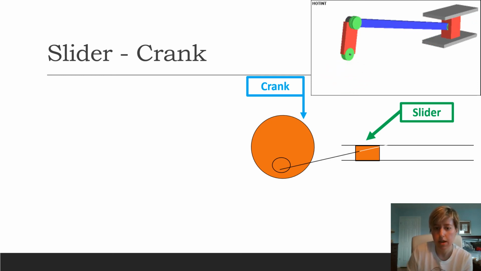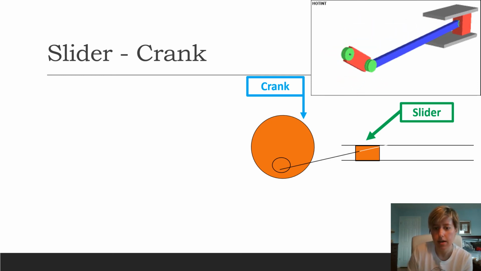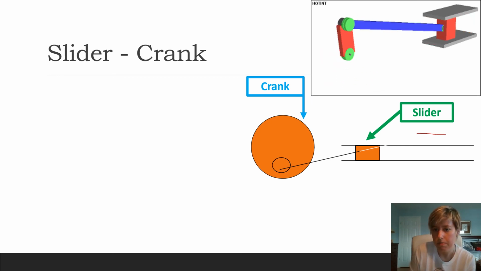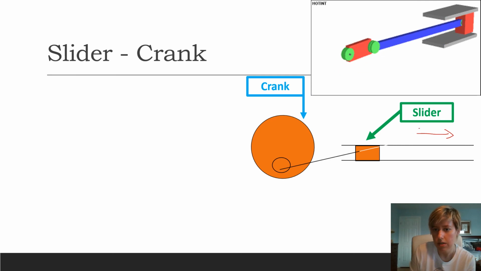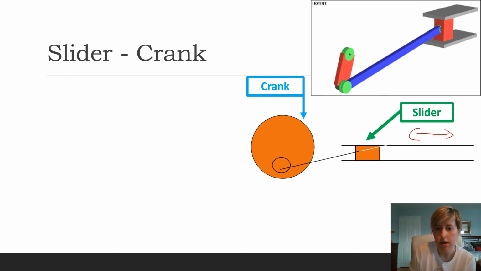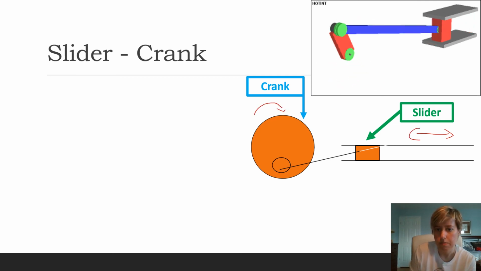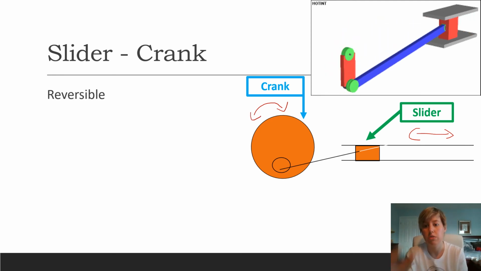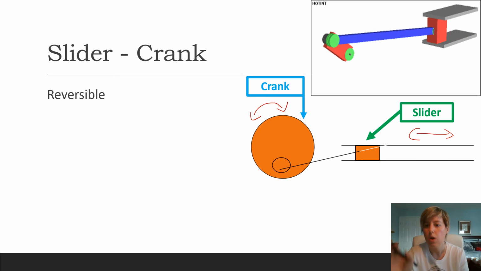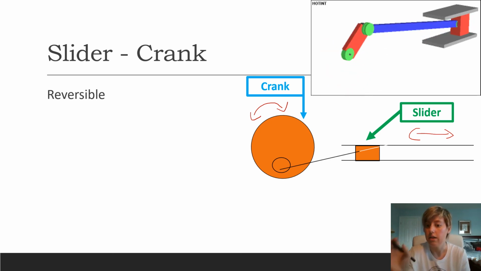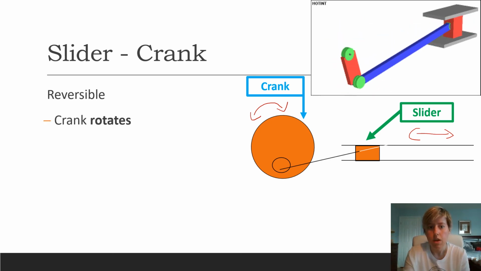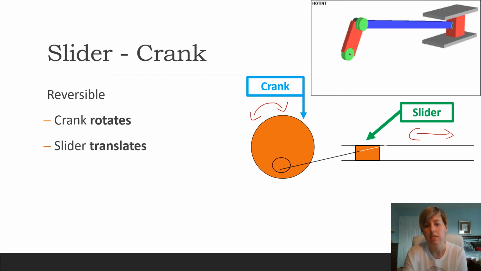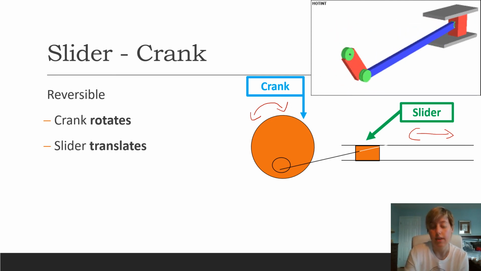So if we're looking at our setup right here, our slider underwent translational motion, and it is also bidirectional, and our crank undergoes rotational motion. The system is reversible, so the crank can start the motion, or the slider can start the motion. Key thing, the crank is the component that rotates, the slider is the component that translates.